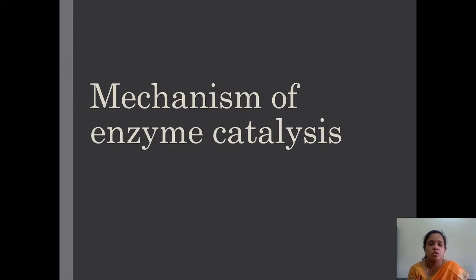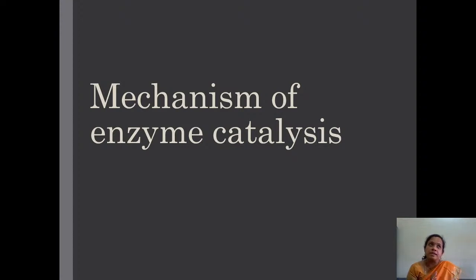We have also understood that the site where the reaction can take place is the active site. Now we have to learn how the enzyme is decreasing the activation energy. We know that it decreases activation energy, but how? For that you need to learn about the mechanism of enzyme catalysis.